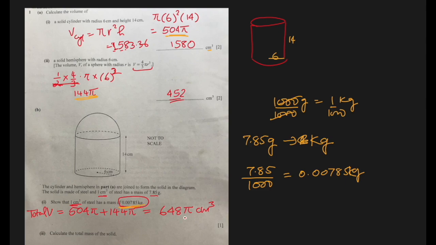So each centimeter cubed is weighing this much. So the mass will be 648 pi, this is the volume, multiplied by what each centimeter cubed weighs, which is 0.00785.